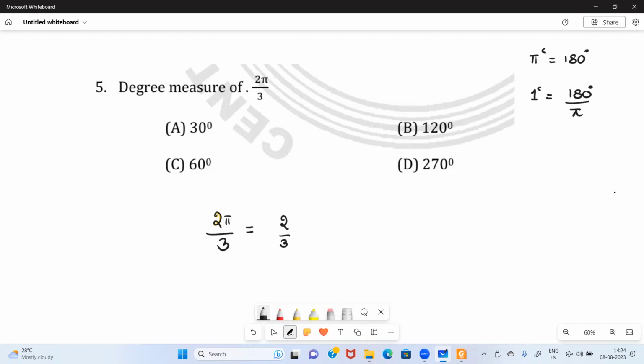Therefore, to convert from radians to degrees, I just need to multiply by 180 by pi. So pi gets cancelled. 180 by 3 is 60. So 2 into 60 will be 120 degrees. Therefore, the right answer for this question is the second option. Is it clear, students?